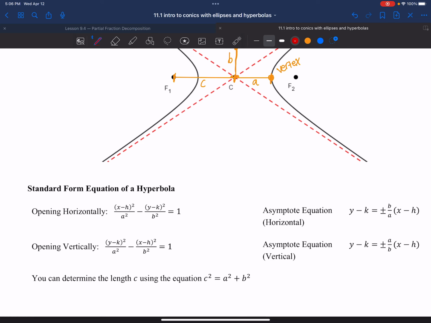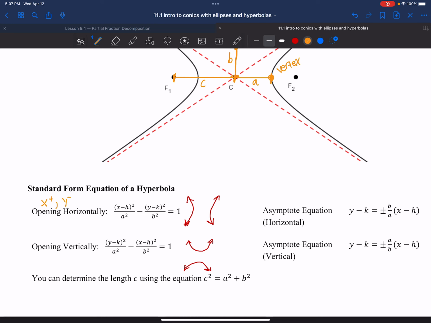Now, if it opens horizontally, that means this way. The point of symmetry is in the center, and it opens outwards to the left and the right. Opening vertically means it's going to open up and down. And if you notice, the only difference here is when it's opening horizontally, x is positive, y is negative.